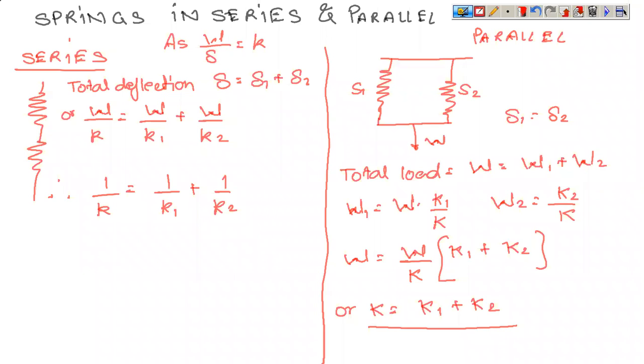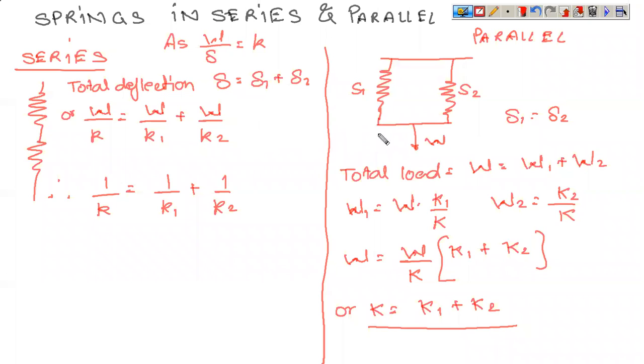So you may have a situation where you need to find out the combined stiffness of a system if you have two closed coil or two open coil helical springs. So what you need to do is find out the stiffness of one spring and then of both the springs, calculate delta, and then W by delta is equal to K, whatever thing you require, you can calculate.